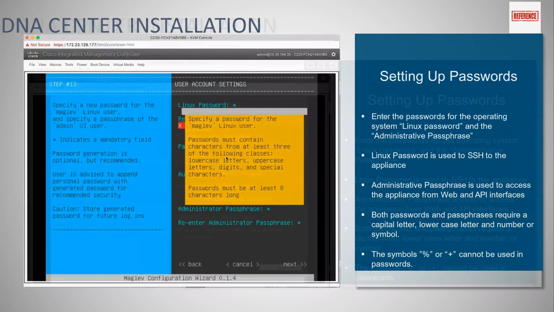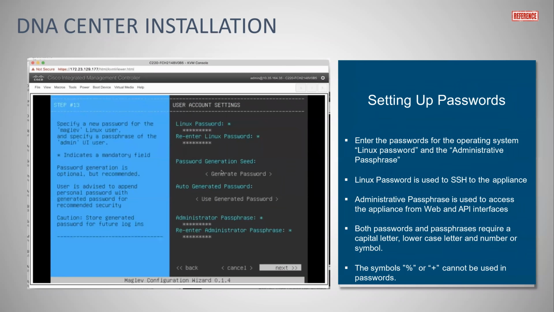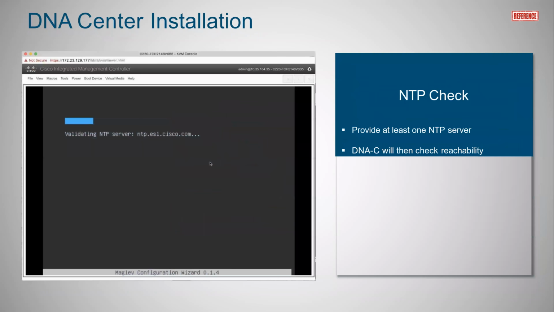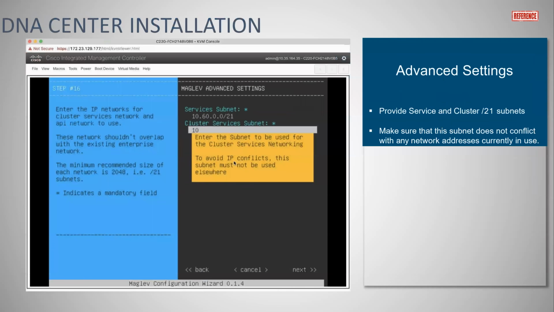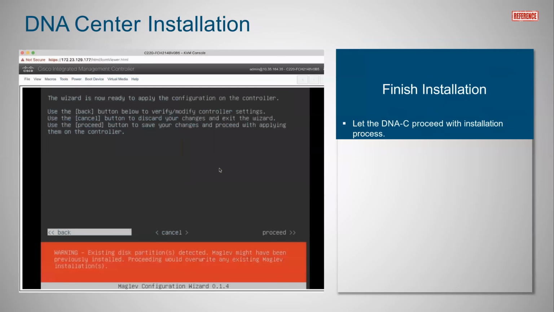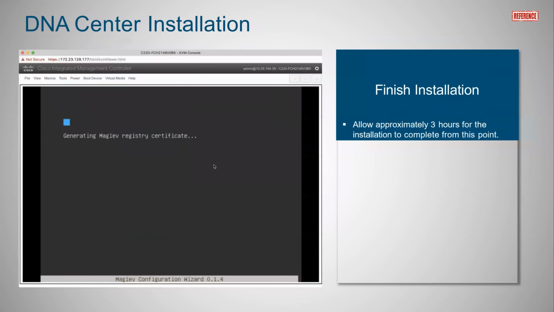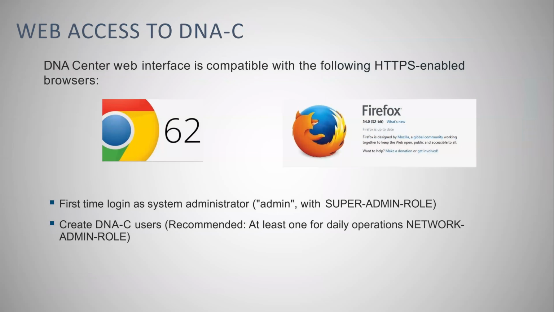Finally, it will ask you for a tough password for the DNA GUI and DNA Maglev. The GUI password may be different, the Maglev password may be different. We should put different passwords for GUI and Maglev. Once you follow all these steps, click, click, click, your installation will get completed.